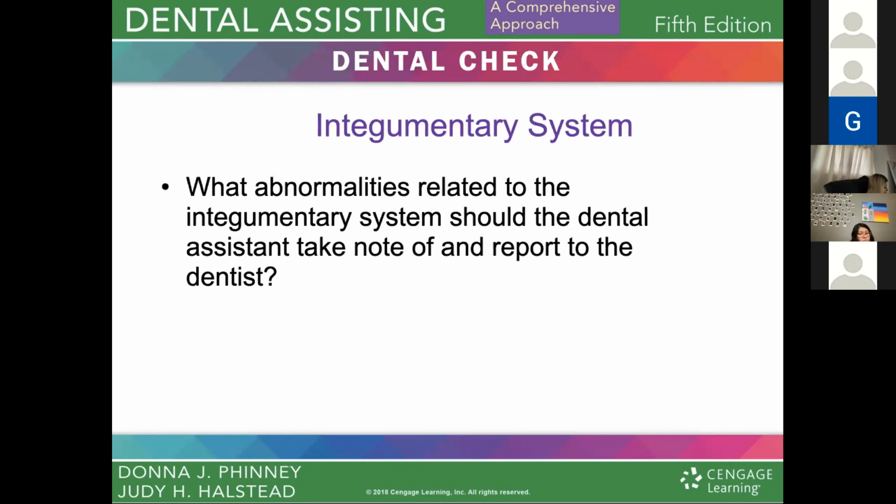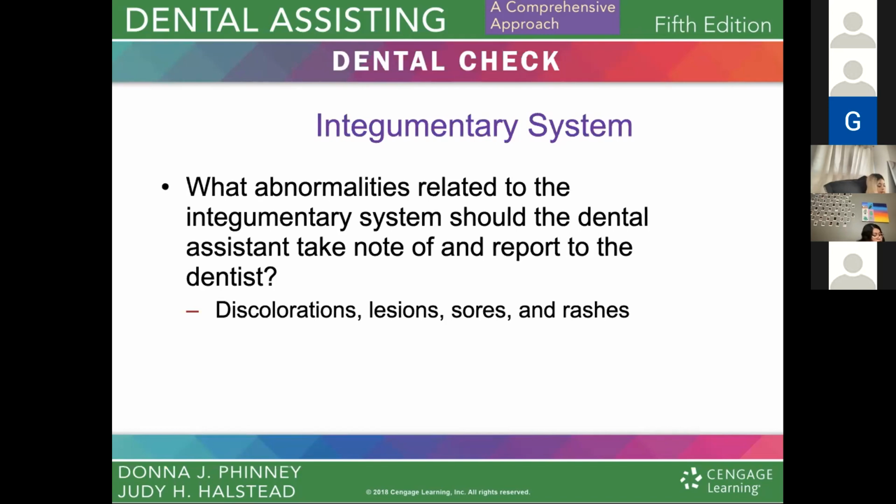I would think cyanosis, right? So this is a type of discoloration. If we see a blue patient in our chair, there is something definitely wrong with them. So we need to alert the dentist right away. So that's number one. Also, any lesions, sores, or rashes.